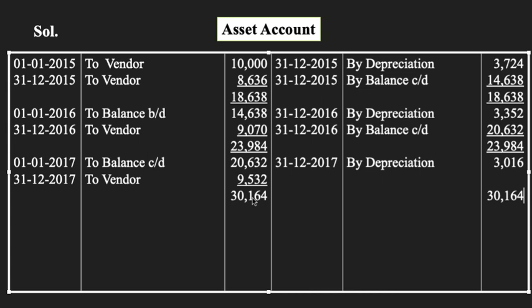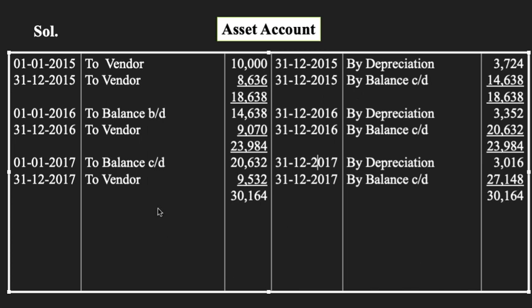Now if we see the difference here, 30,164 minus 3,016, how much is the difference? The difference is 27,148, that is by balance carried down. So this balance will be brought down to the first month of the year 2018.